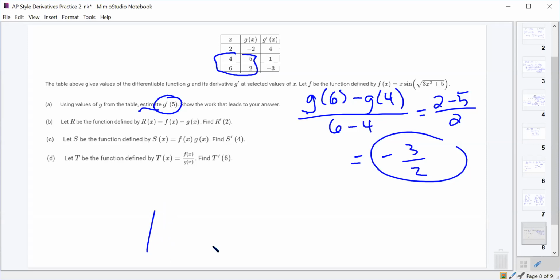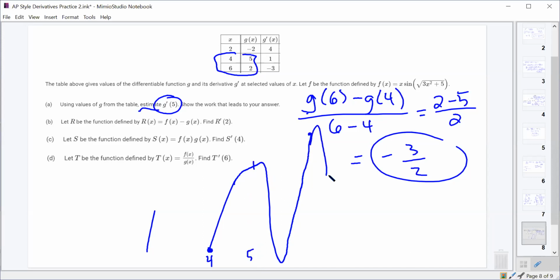So let's say this is what it looks like at 4, and then it might flatten back out and then go way back up steep again or something like this. And let's say this value right here is the value at 5. But then let's say this was where we finished it at 6.